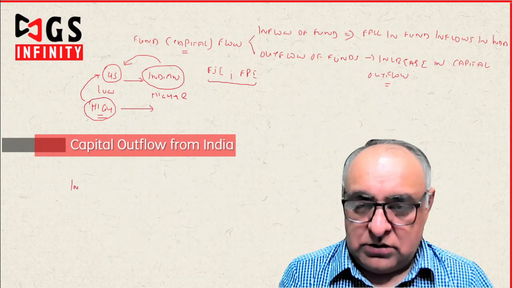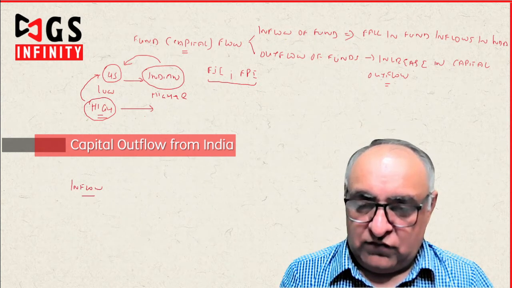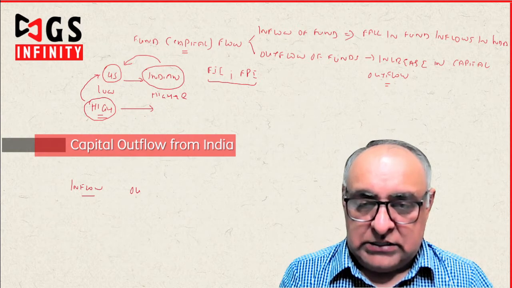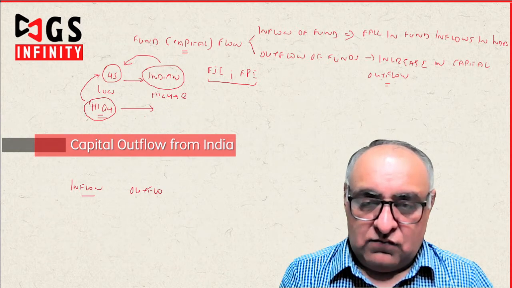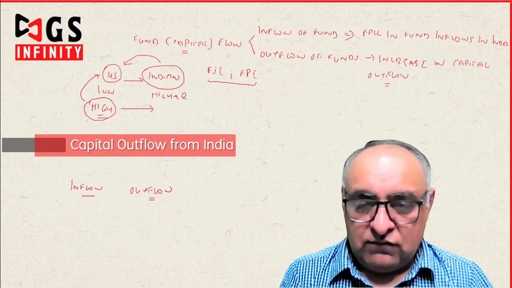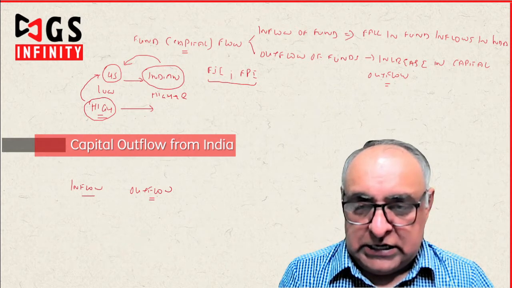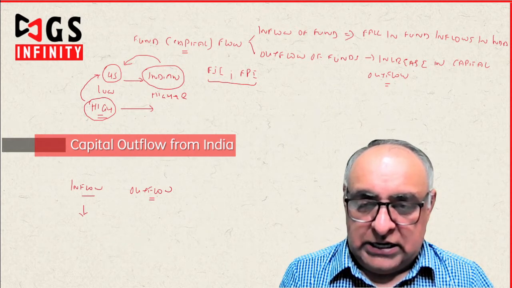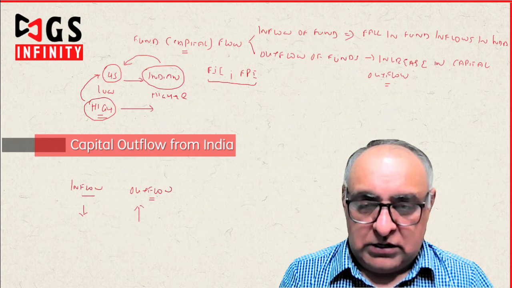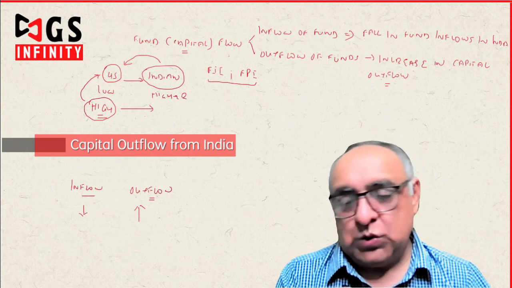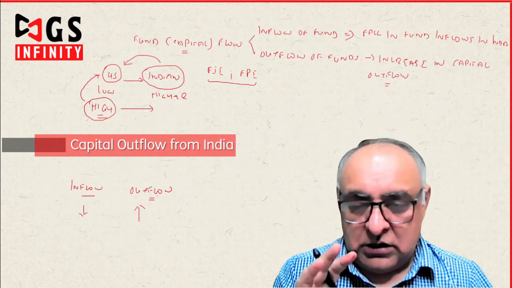I am summarizing it here. One is inflow of funds in India. Second is outflow of funds from India. Inflow of funds in India would fall and outflow of funds from India would increase. So this is the clear impact.